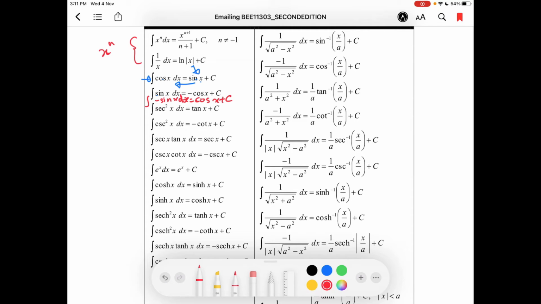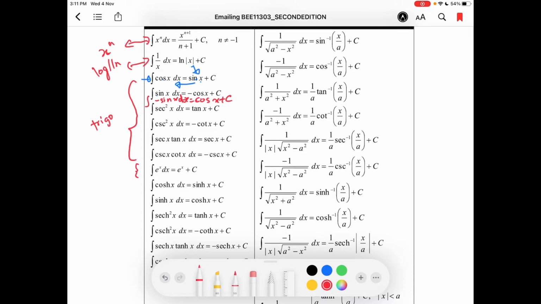Then here we have logarithmic, or ln, and then from here to here, this is trigonometry.